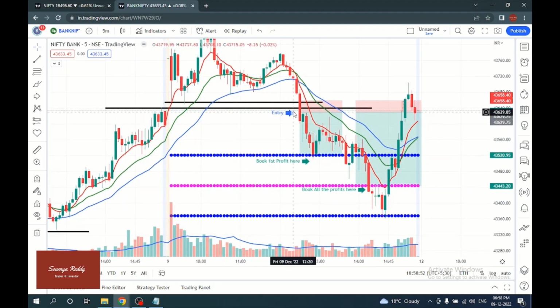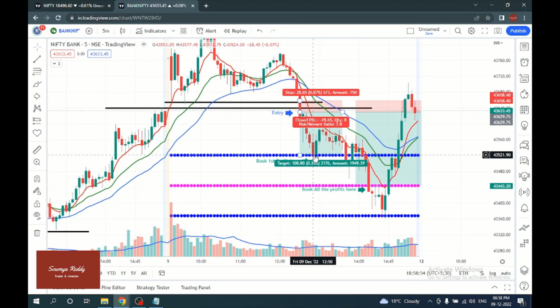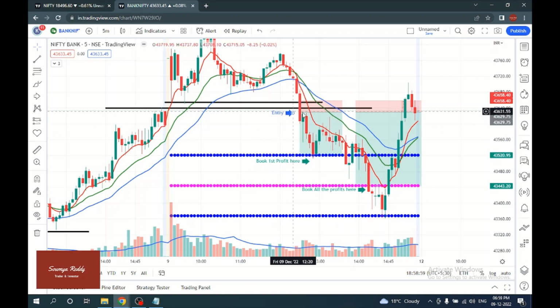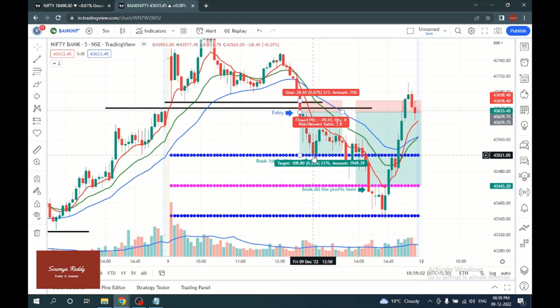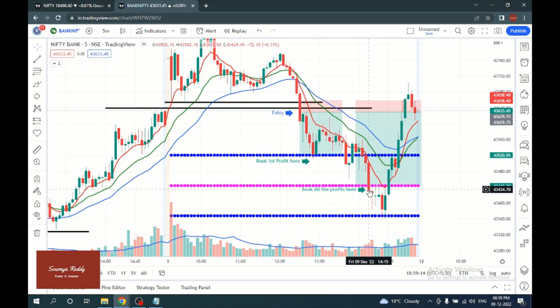We have a good amount of space for price to move up to the CPR. So if I make an entry here, I should book my first profits at this point, half of the target here, and the second target here.